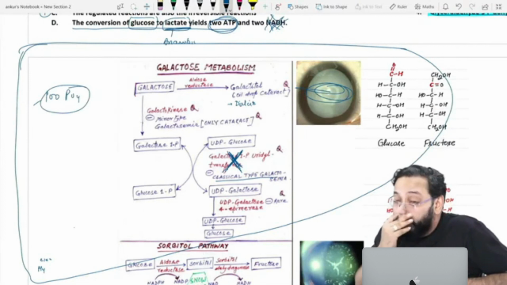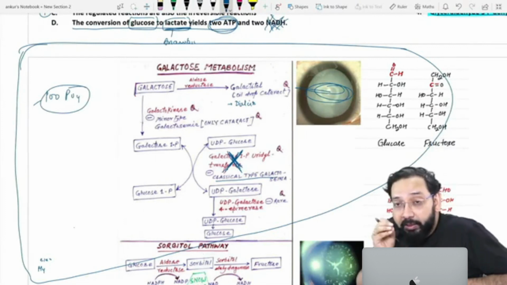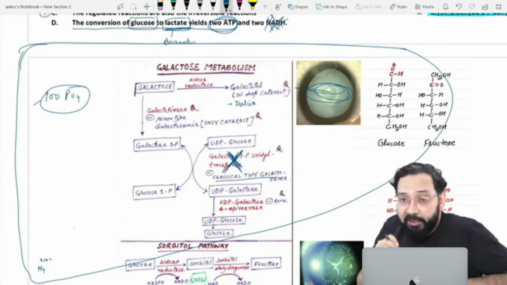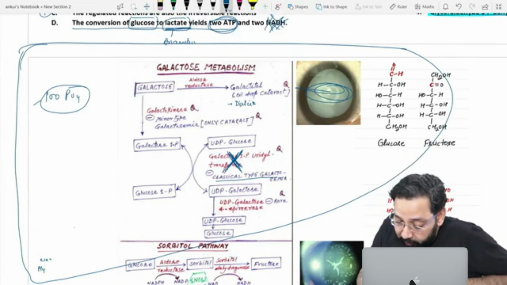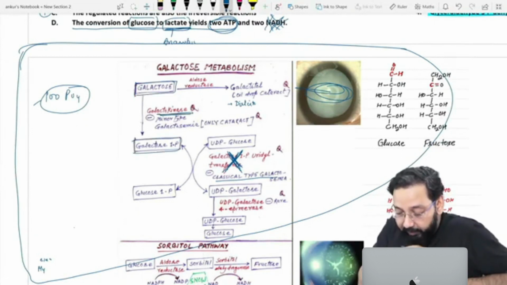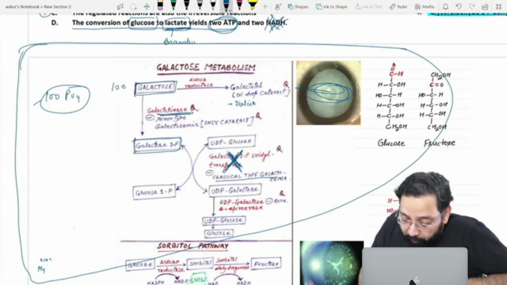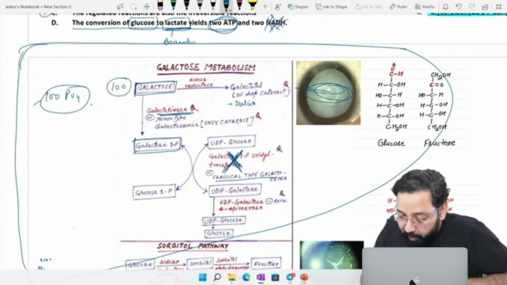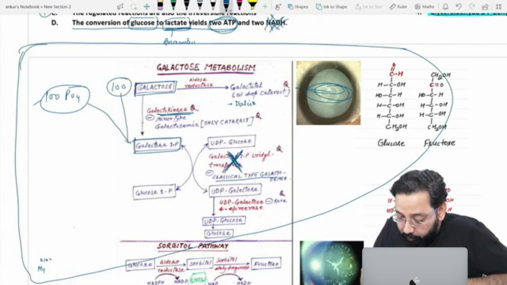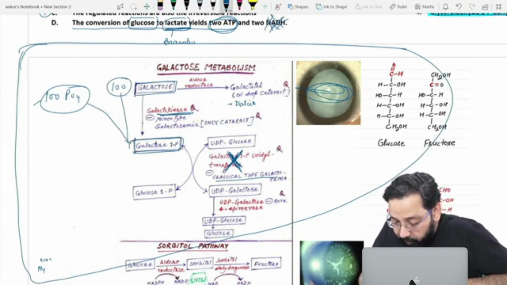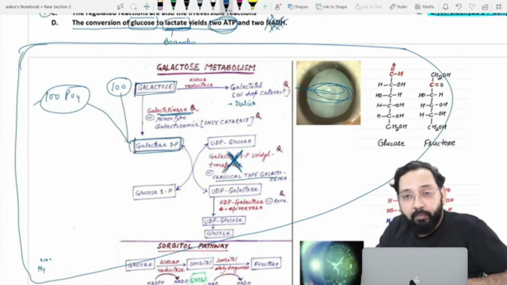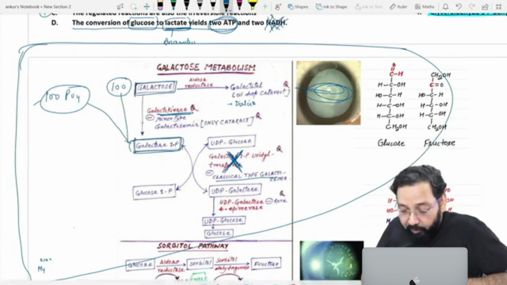You took galactose, you ate, your child takes milk. Milk has lactose, glucose and galactose enter the liver cell. This galactose is converted to galactose 1 phosphate because galactokinase is there. So 100 molecules of galactose converted to 100 molecules of galactose 1 phosphate. Clear?